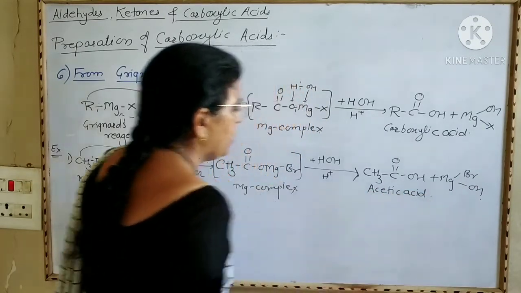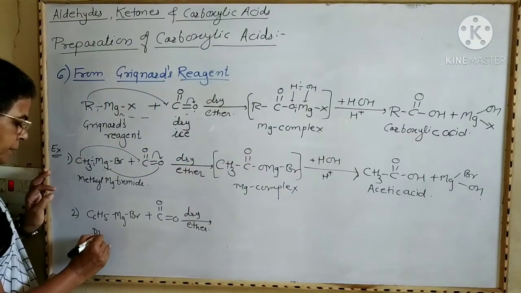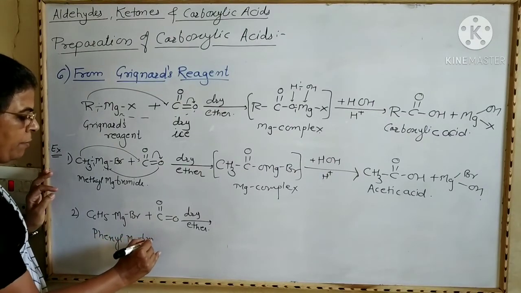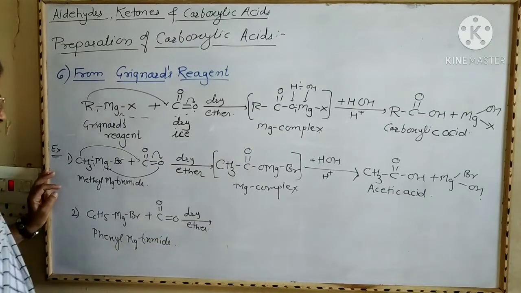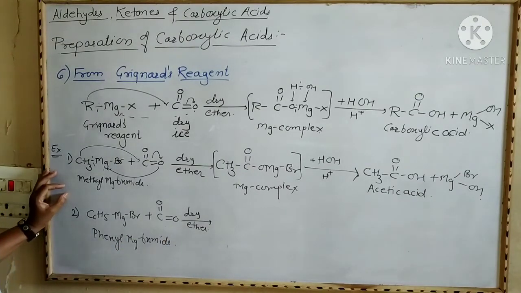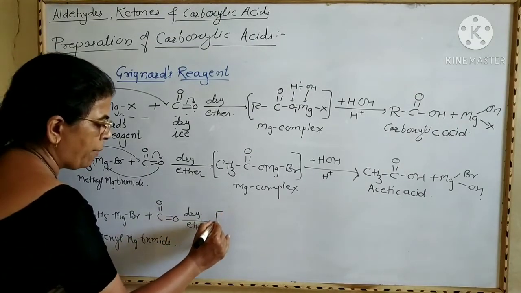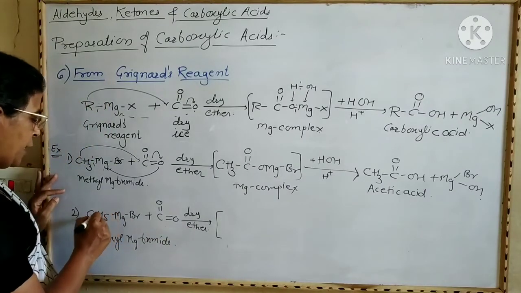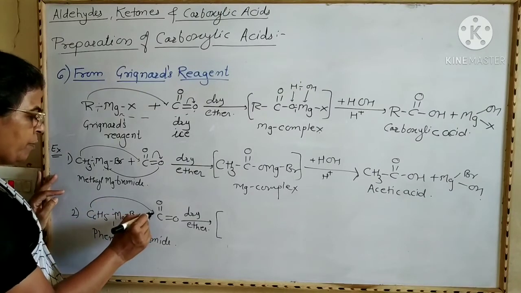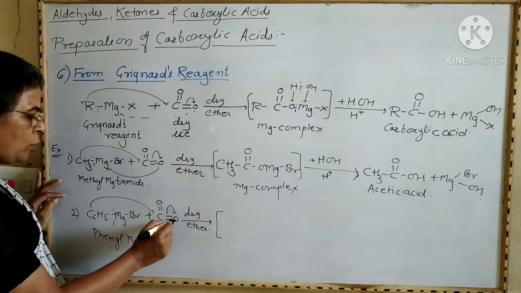Similarly, we can prepare benzoic acid also. Now this is phenyl magnesium bromide. When this phenyl magnesium bromide reacts with solid carbon dioxide, or dry ice, in presence of dry ether, first the magnesium complex is formed. Breaking of the C6H5-MgBr bond takes place. This C6H5 gets attached to the carbonyl carbon. Then the pi bond electrons shift onto the oxygen atom.